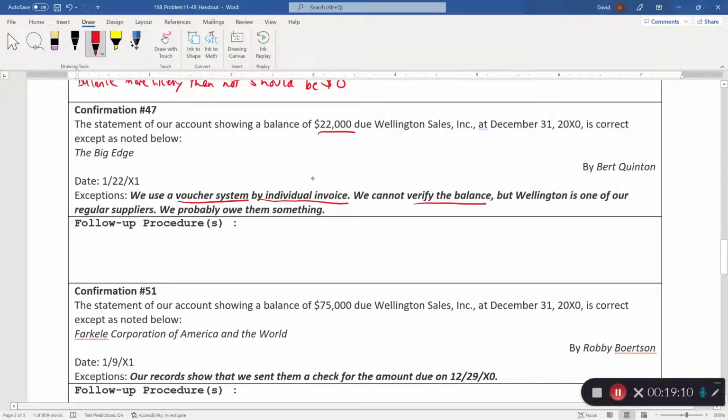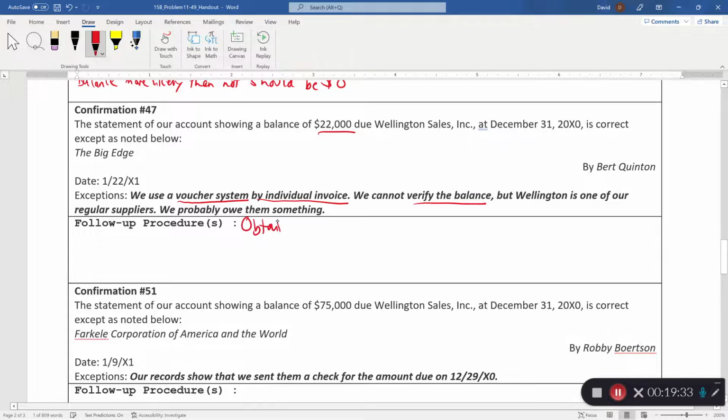Well, what are they saying? They're basically saying, yeah, we don't really summarize by vendor, because that's what our client is, basically a vendor to them. And so they're saying we don't do that, we just pay by individual invoice. Okay, so what can we do?